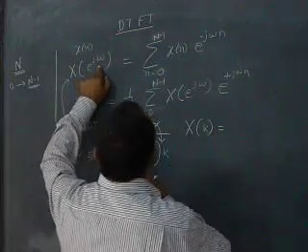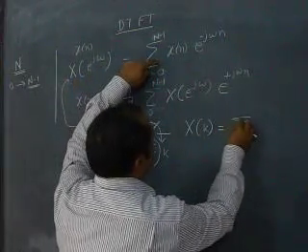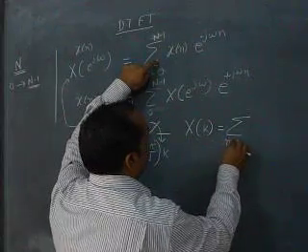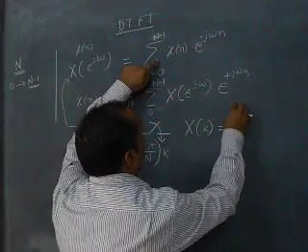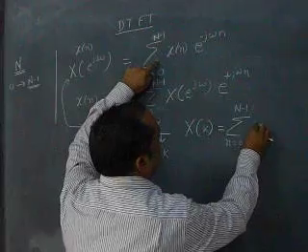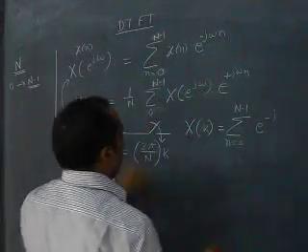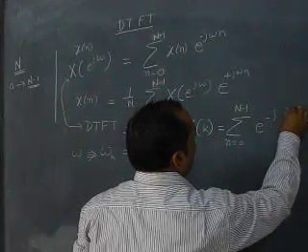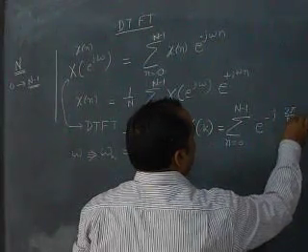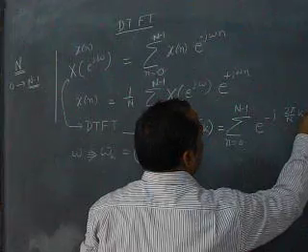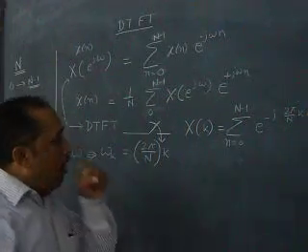Now X of k is nothing but the summation n equal to 0 to N minus 1, x of n, e to the power minus j 2 pi by N multiplied by k and then multiplied by n.